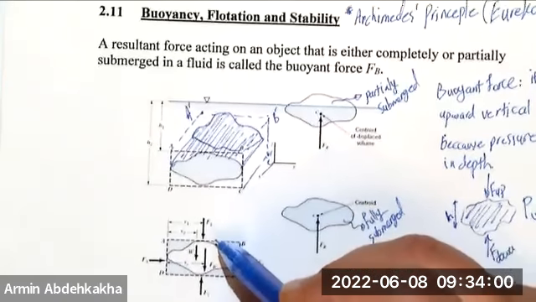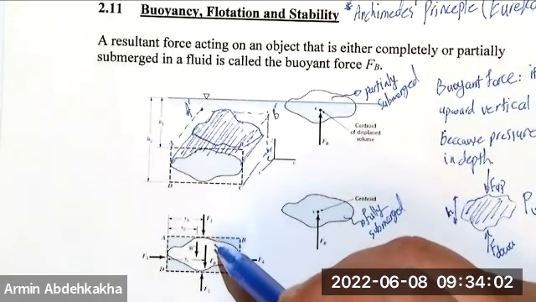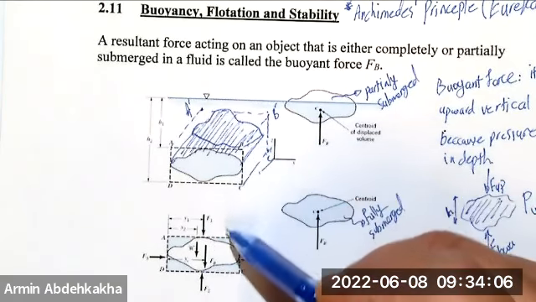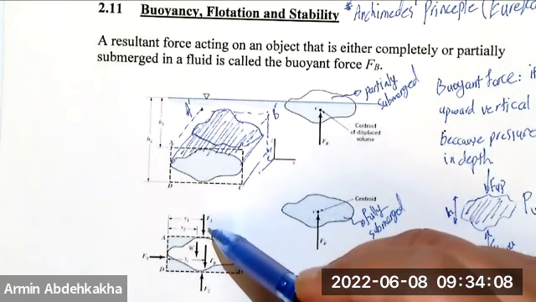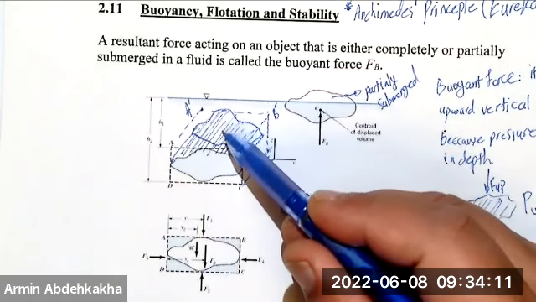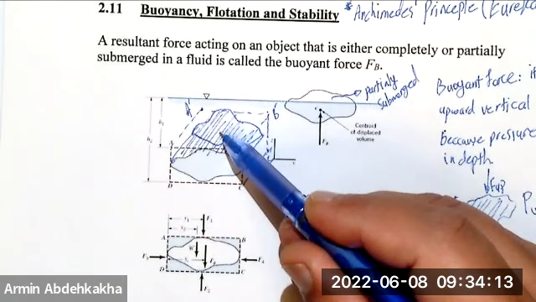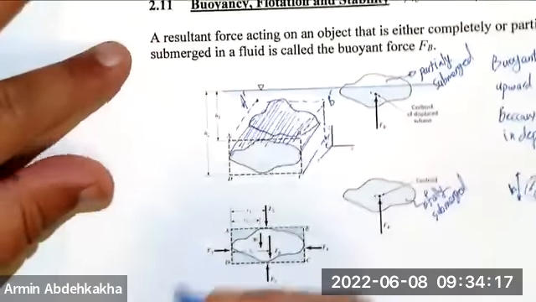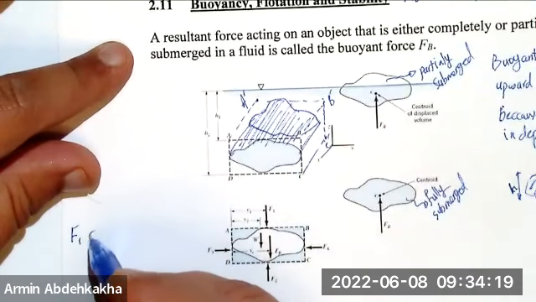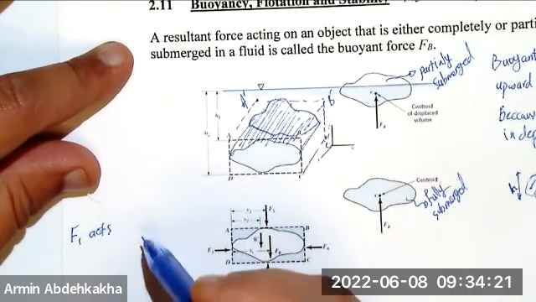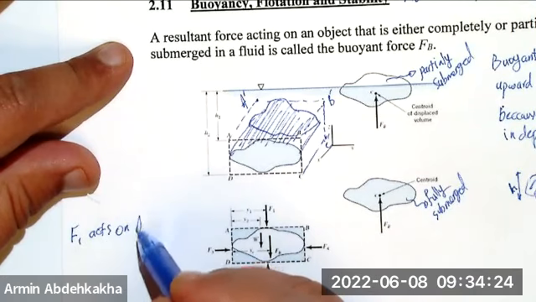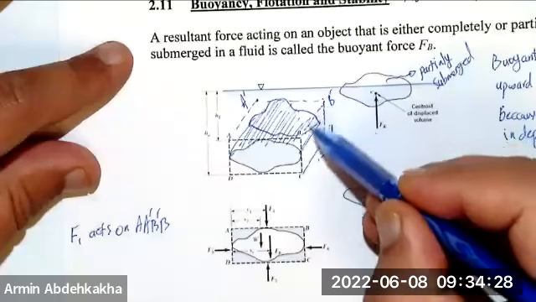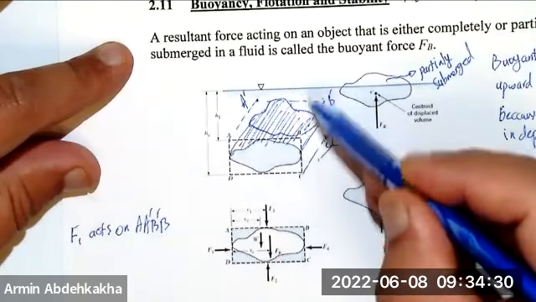Now, in this control volume, the line here shows your control volume. So the force F1 actually acts on the center of the surface, right? F1 acts on A prime, B prime, B, this surface on top.